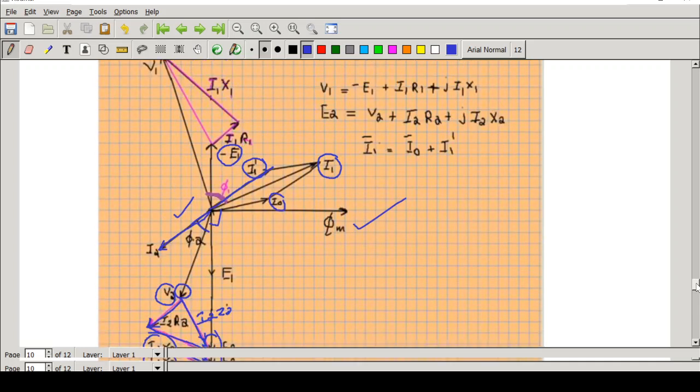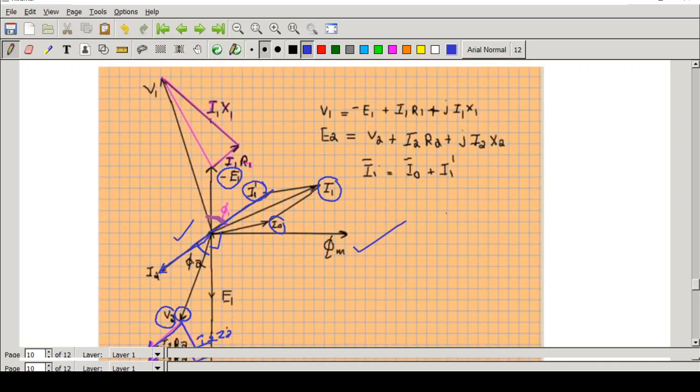Now I am going to start from this first equation. What is the first equation? V1 is equal to minus E1 plus I1 R1 plus j I1 X1. So to minus E1, first I am adding the drop I1 R1. That is very simple, same direction as I1, I will draw parallel to that. Then perpendicular to that, this will represent I1 X1.